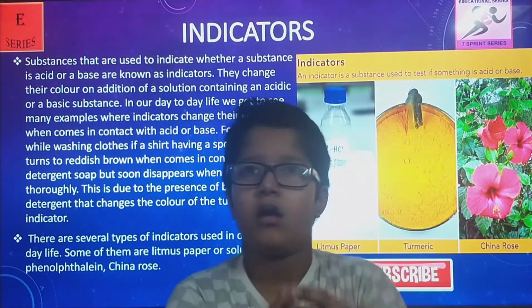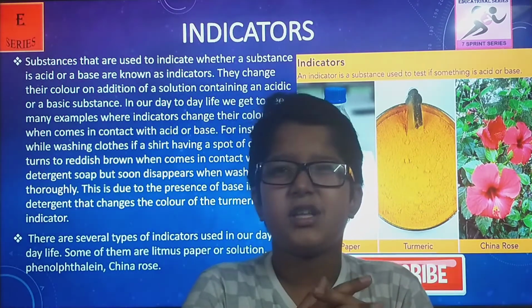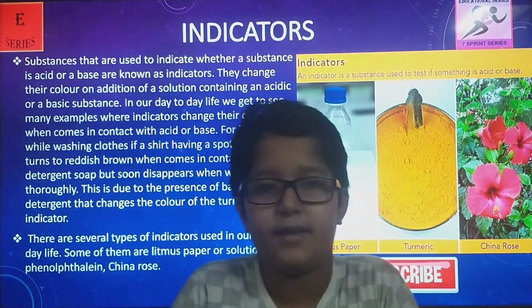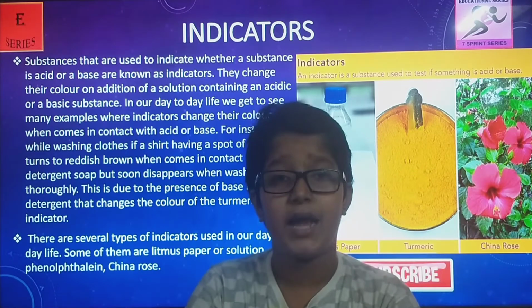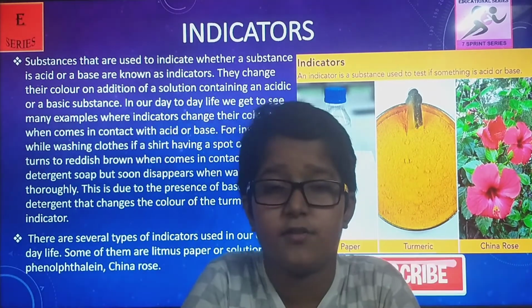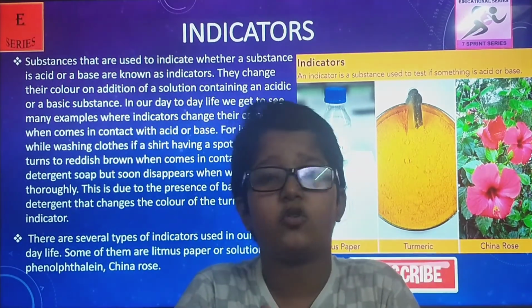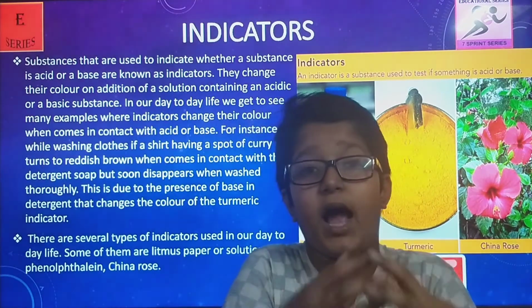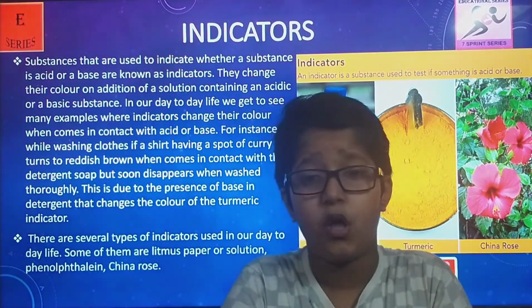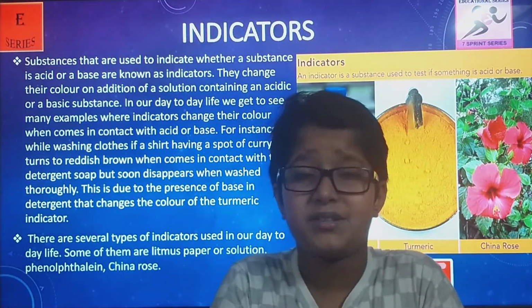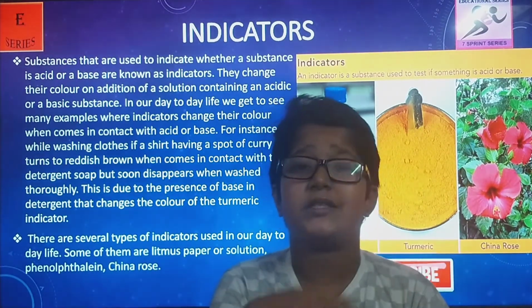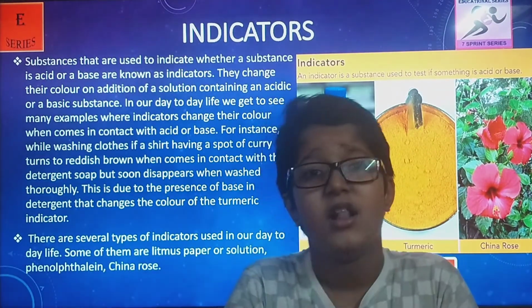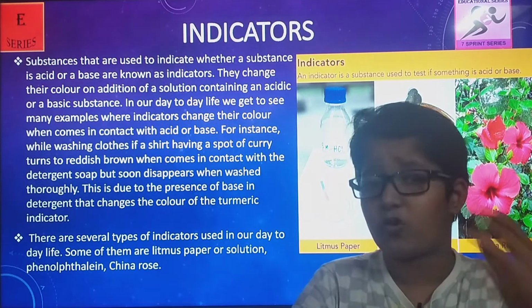Indicators. Now, some substances are highly reactive, highly corrosive, a word which we use for things which are very aggressive and can burn you. Strong acids such as hydrochloric acid, sulfuric acid, nitric acid, and strong bases are very corrosive.